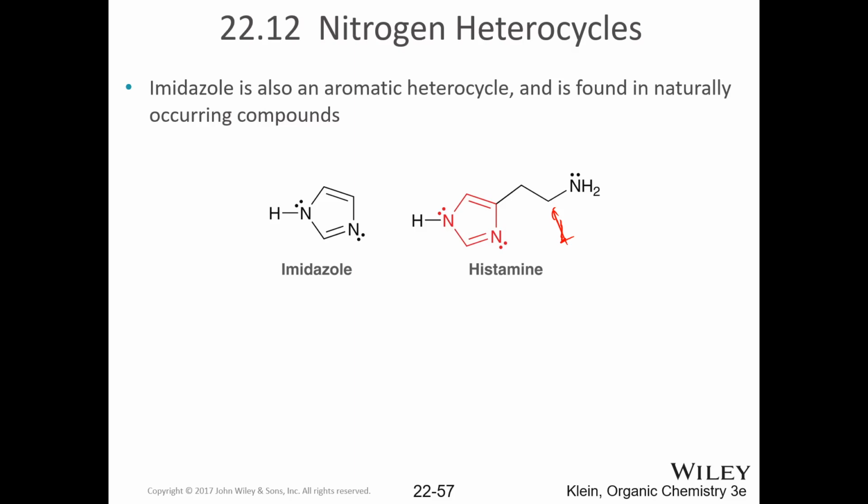Pepsid, Tagamet, and Zantac are the 3 that are your common stomach acid histamine blockers. And then you have Benadryl and Claritin, Zyrtec, and things of that nature that work on the respiratory and nasal passage histamine receptors.